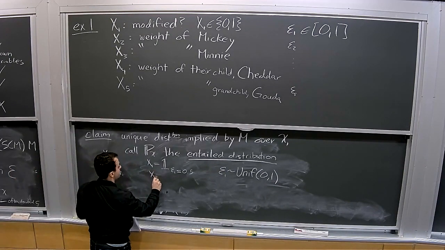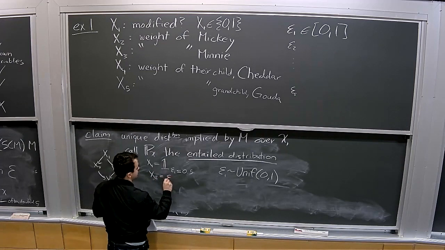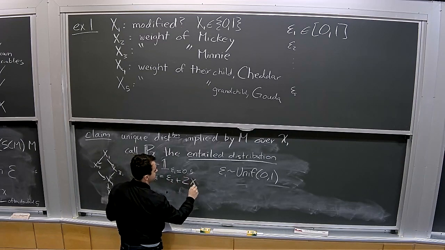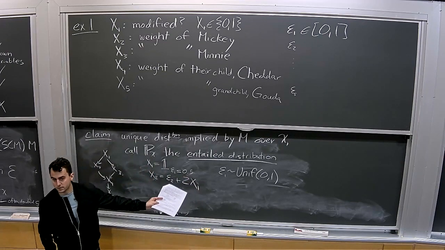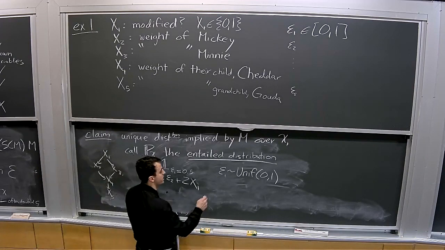Okay, x2, say, is epsilon 2, which I'll write the distribution for in a second, plus, say, if this genetic modification gets done, it increases the weight by 2 grams.